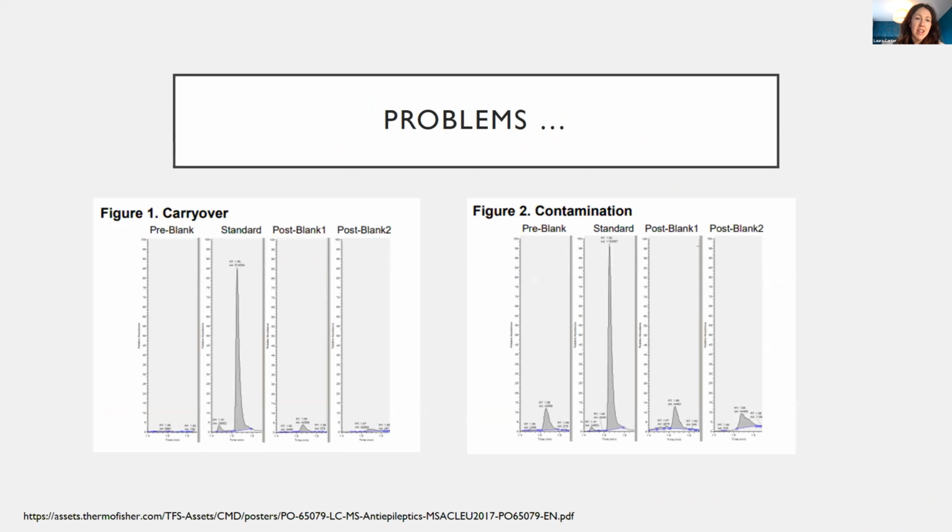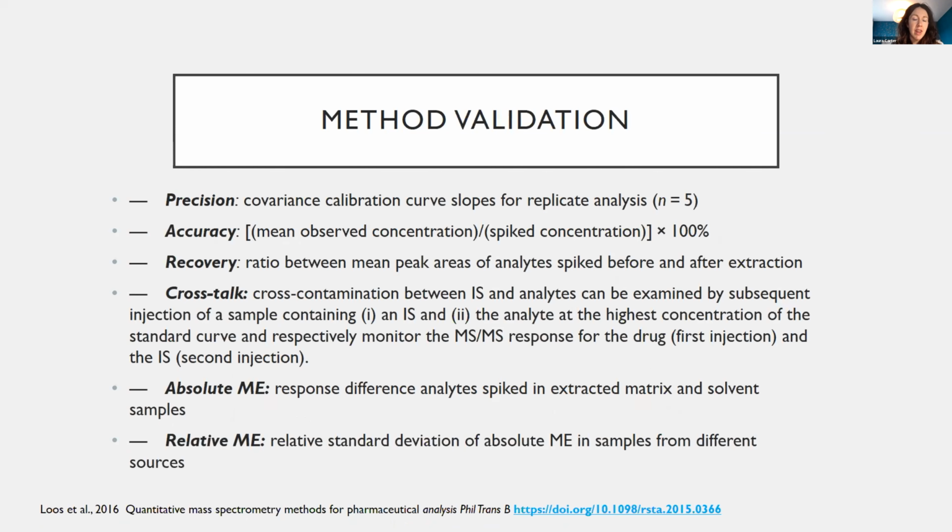And then lastly, what we have to deal with are issues of carryover and contamination. So it's important to have properly validated methods. I don't have time to go into all of these, but the paper by Luz et al. in 2016 is really nice, talking about quantitative mass spectrometry and the ideas around accuracy, recovery, and precision.